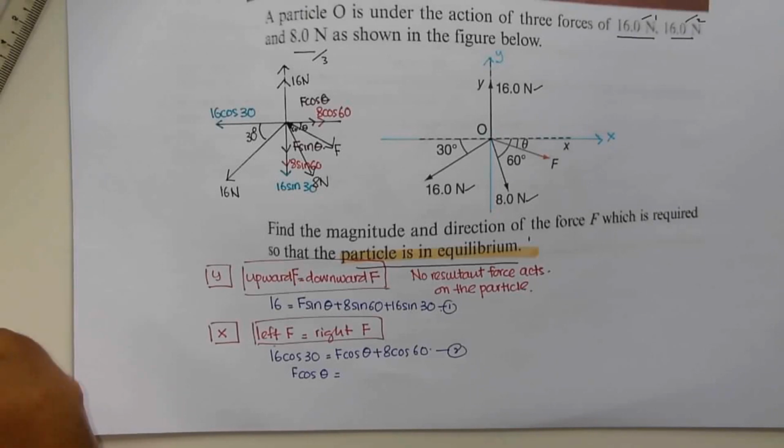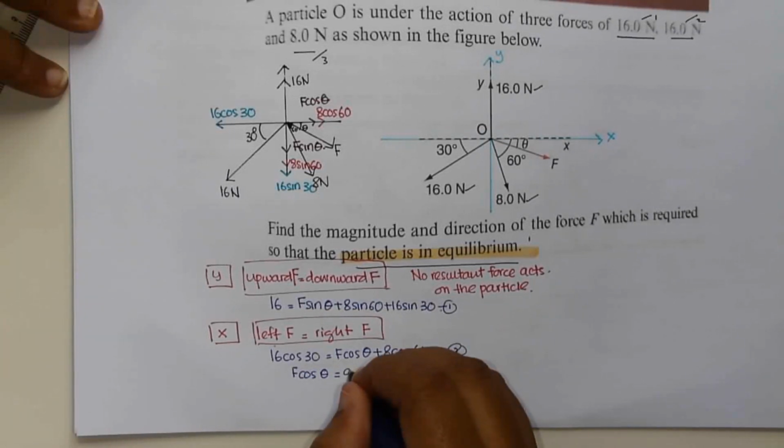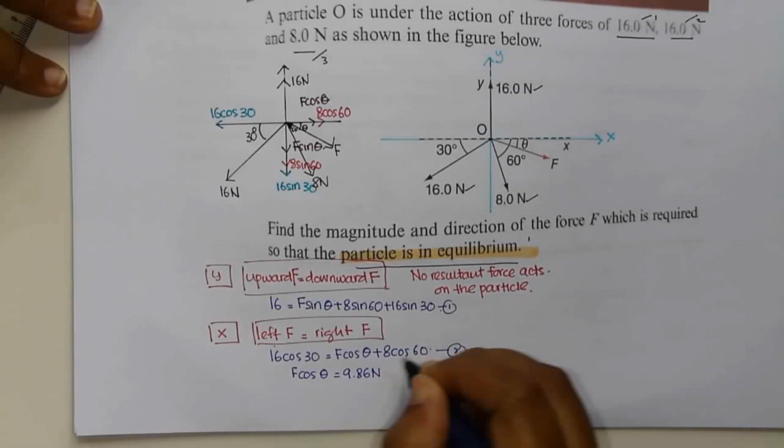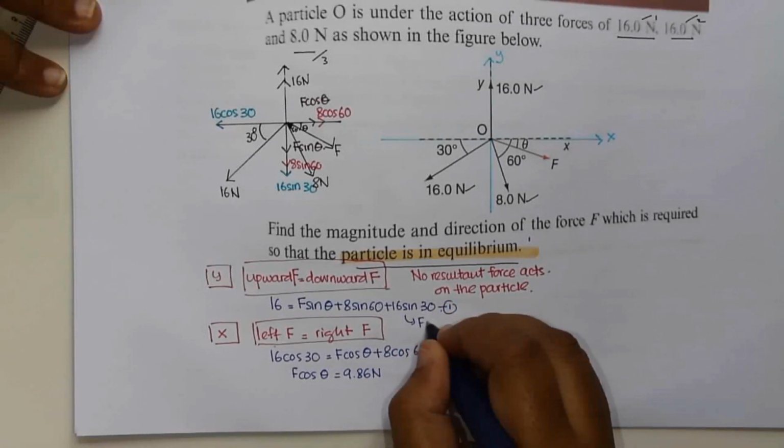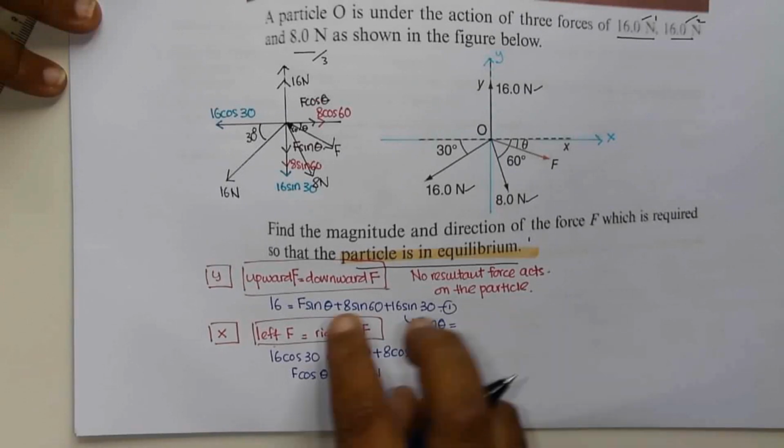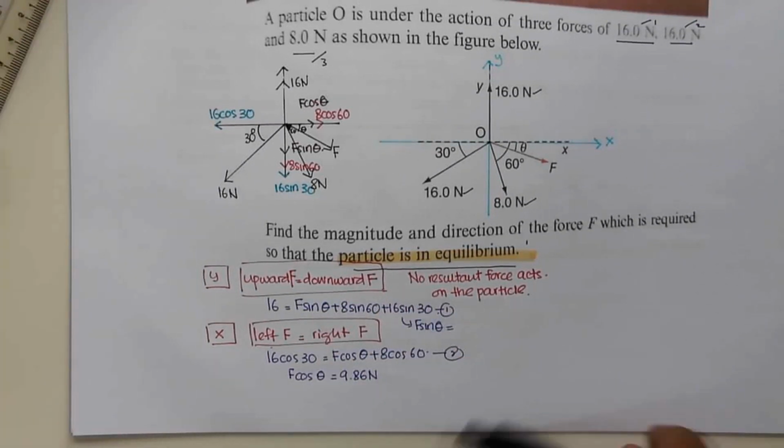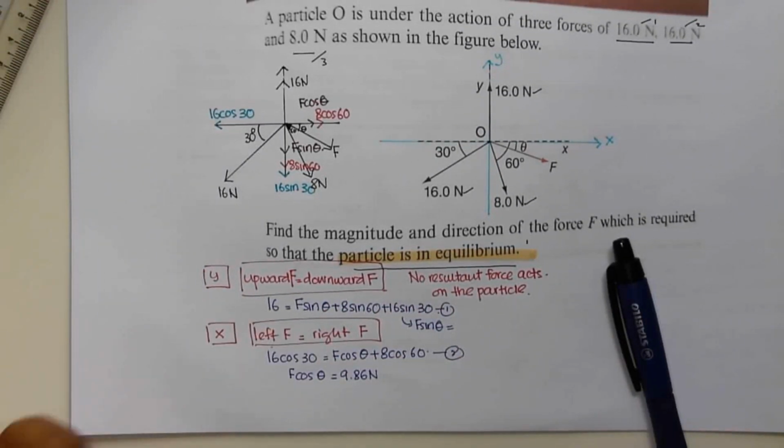You get 9.86 Newton. Then I solve F sine theta, which is 16 minus this whole thing. Please solve and write down your answer also.